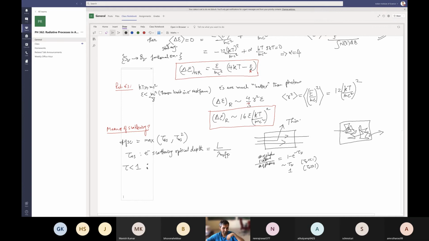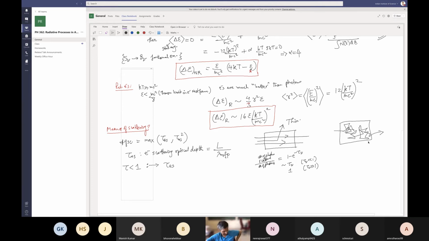It picks out, say, 0.1 squared or 0.1, whichever is bigger. It picks out tau es, because 0.1 is bigger than 0.1 squared. So the number of scatterings is tau es, which is the ratio of the size of the system and the mean free path.